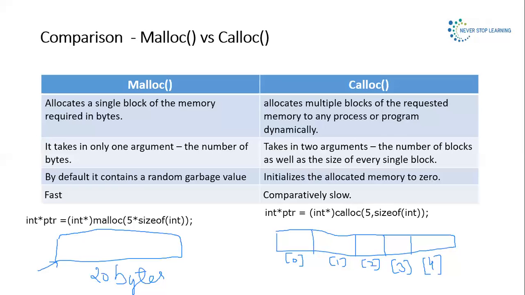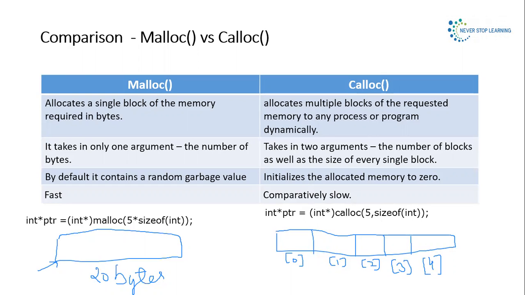Here, 5 is the number of blocks and the size of int is 4. So calloc takes two arguments. This is one major difference: malloc takes one argument whereas calloc takes two arguments.